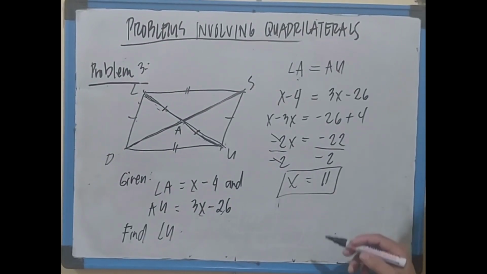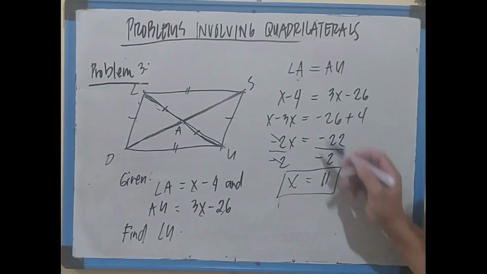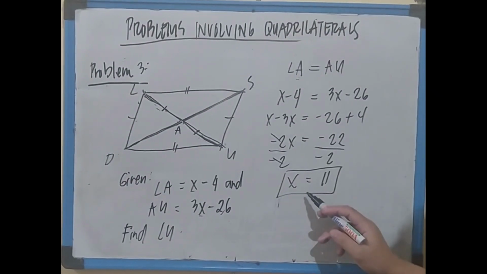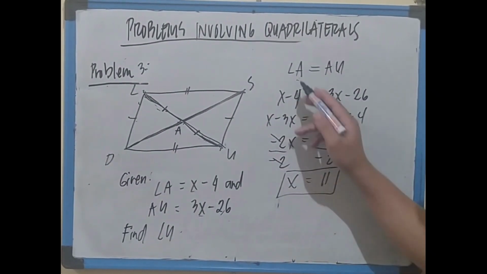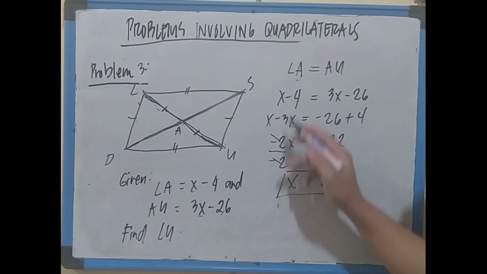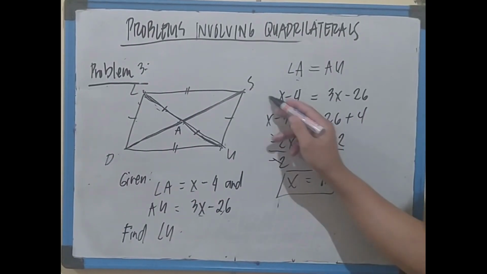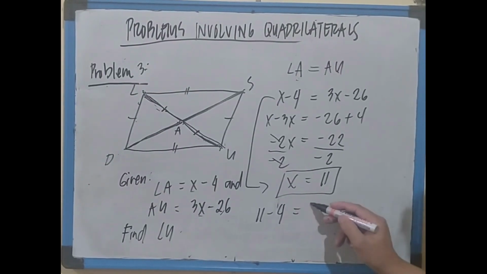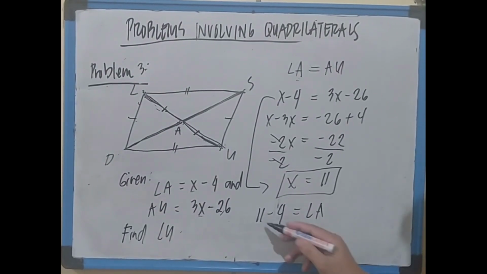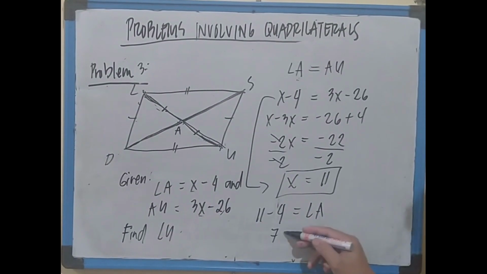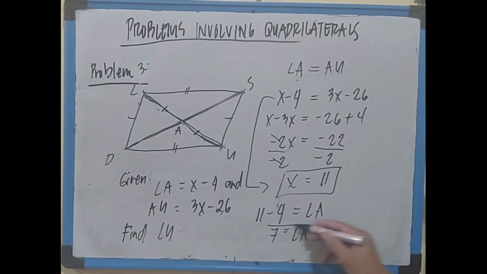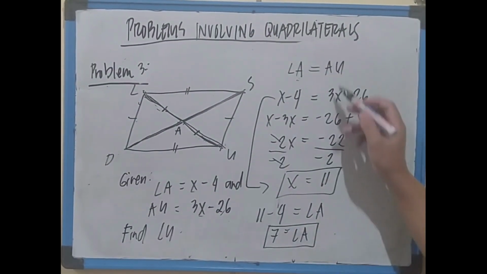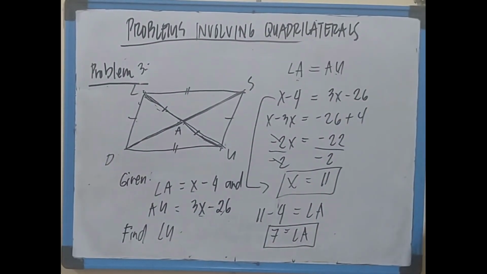Okay, so para makuha natin yung sukat, and let's find out kung dapat equal silang dalawa, no? Substitute lang natin yung x. So, since LA is x minus 4, we have now x replaced natin by 11. So, we have 11 minus 4 is equal to LA. And that is equal to 7. So, that is the measure of LA. Now, for the AU naman, we have 3x minus 26.